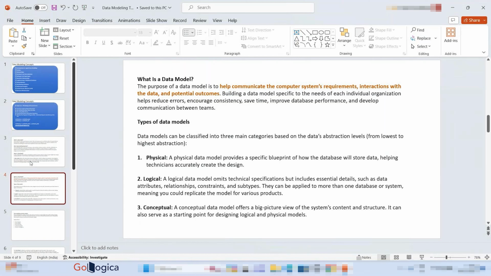So all the technical discussions will happen during the logical data model. But the logical data model will be discussed within the team, not with the customer, because we are actually going to implement the data model.